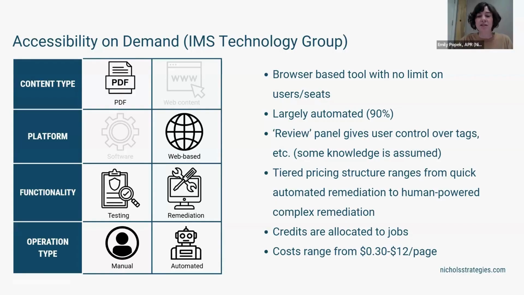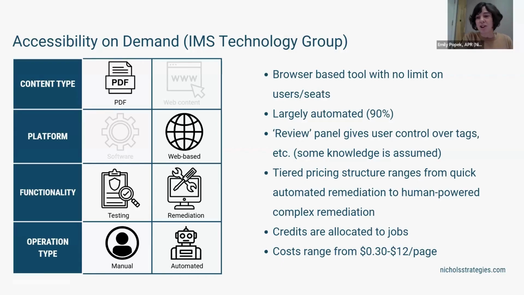They have a tiered pricing structure, and I thought this was interesting. The tiered pricing ranges from very simple, one-click automated remediation up to human-powered complex remediation. So the highest tier level is where there would actually be a human doing a manual review of your document and manually testing it for accessibility. It's priced on a credits basis.